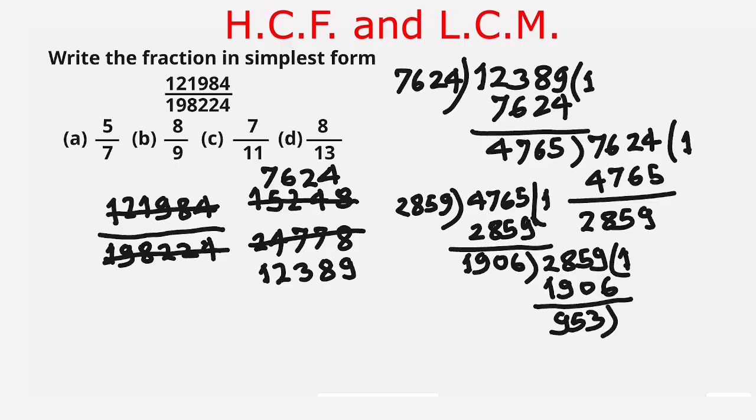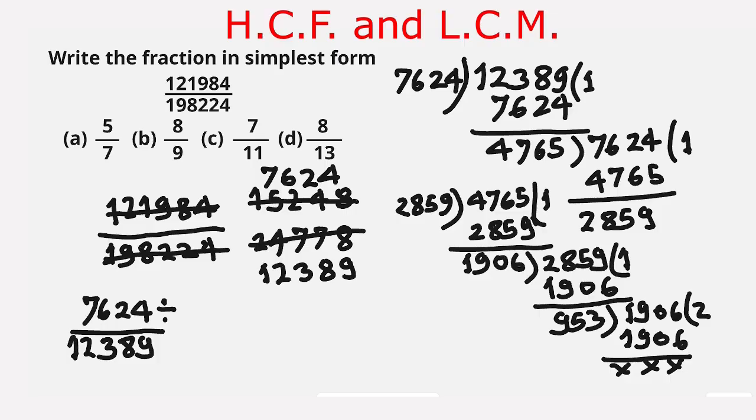Now we divide 1906 by 953. 953 divides 1906 two times, and 2 times 953 is 1906, and our remainder is 0. It means the HCF of 7624 and 12389 is 953.